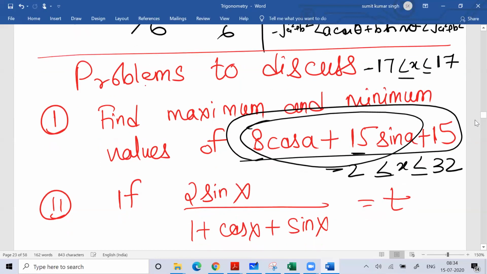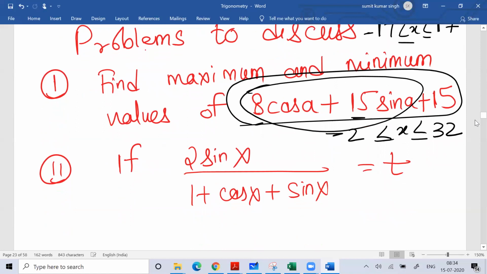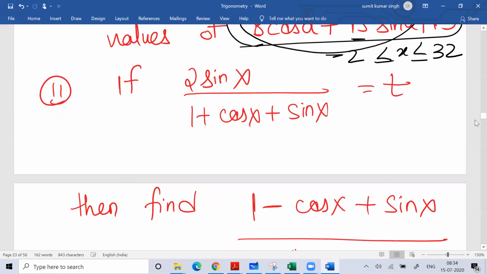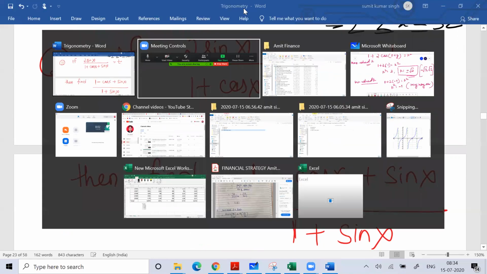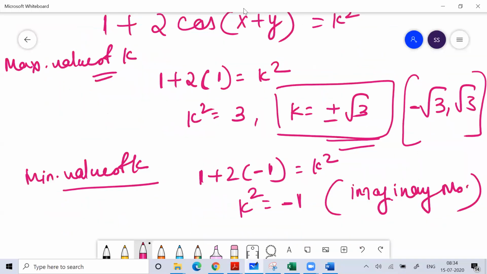Now, if I talk about question number 2: if 2 sin x divided by 1 plus cos x plus sin x is equal to t, then find the value of 1 minus cos x plus sin x divided by 1 plus sin x. How will you do this?